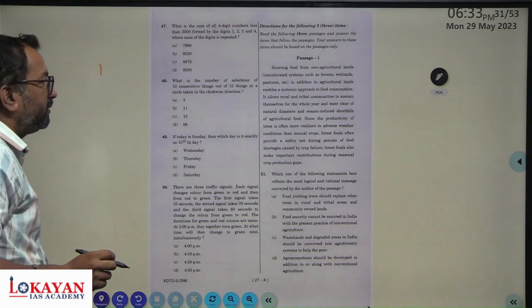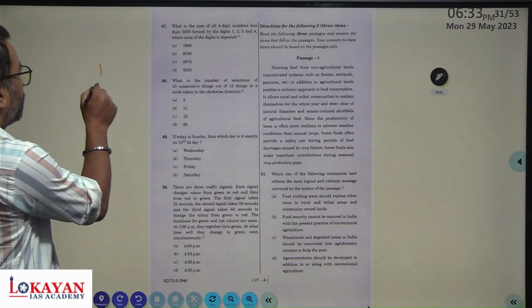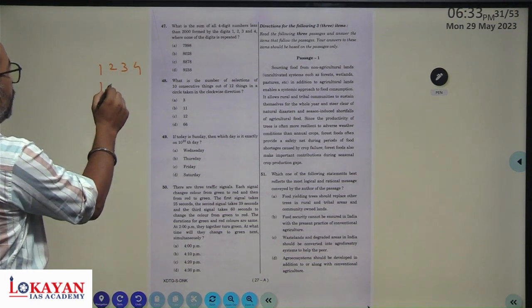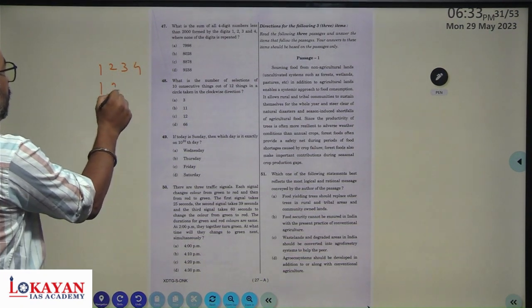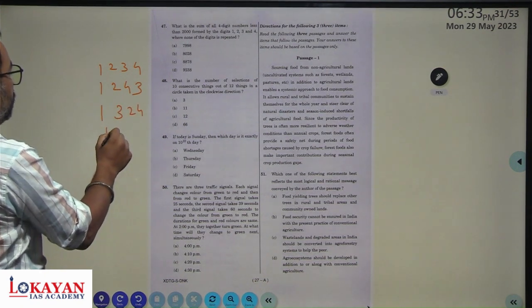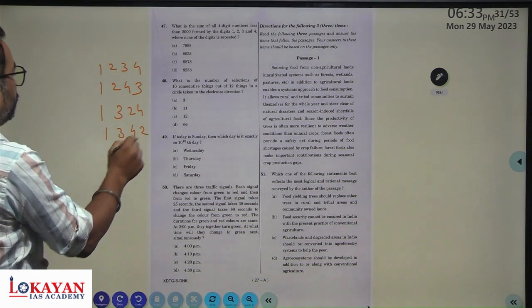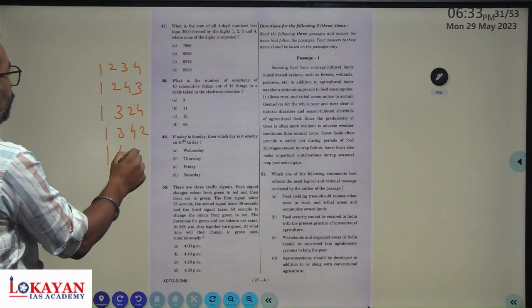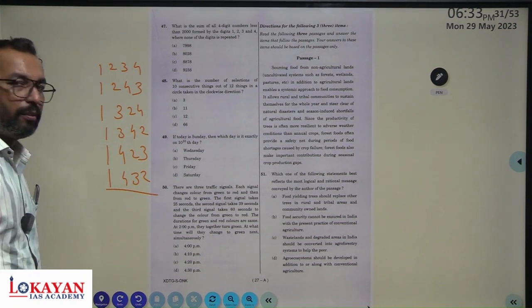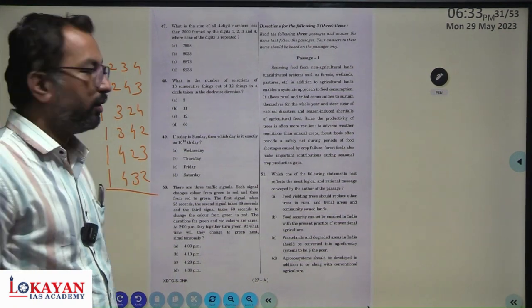That is fixed. The next digits will get interchanged: 2, 3, 4; 2, 4, 3; 3, 2, 4; 3, 4, 2; 4, 2, 3; 4, 3, 2. Right? These are the possible combinations.